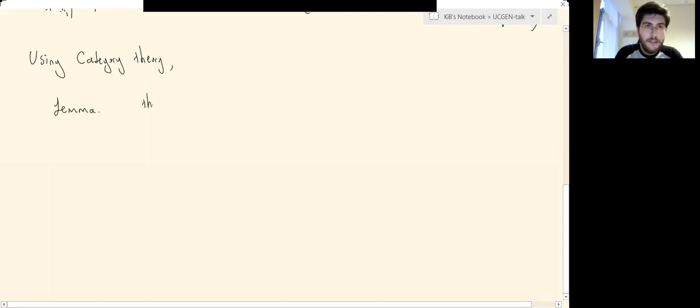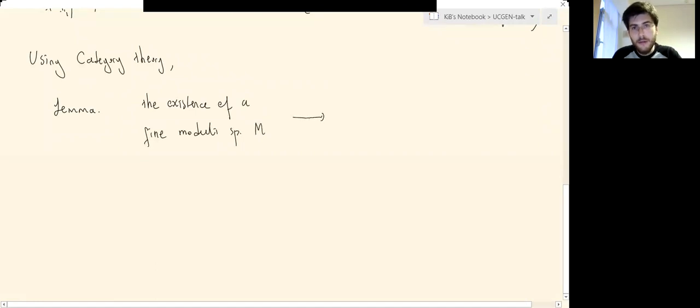So the existence of a fine moduli space, let's say M, corresponds to the representability of the corresponding moduli functor.